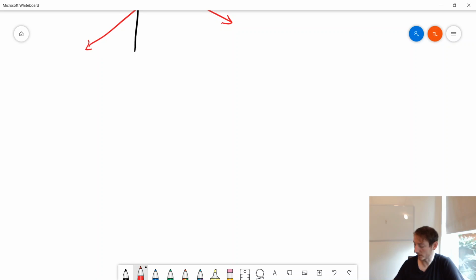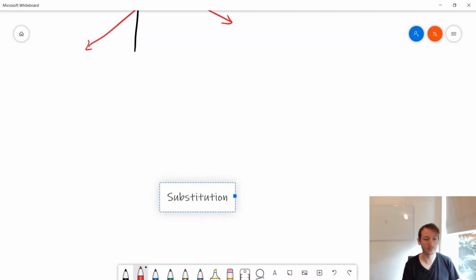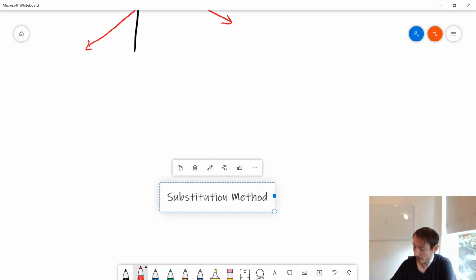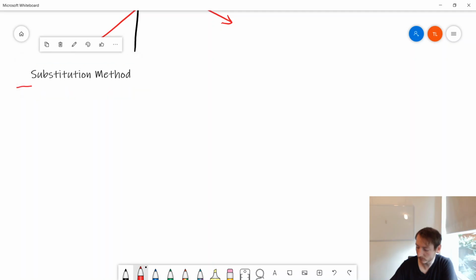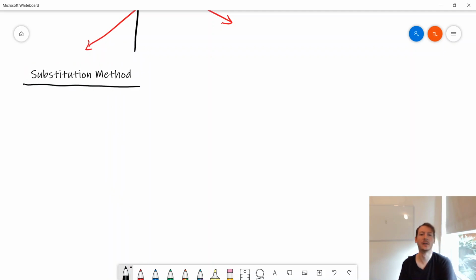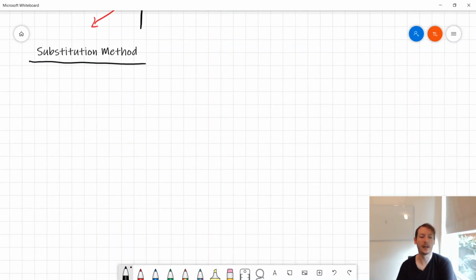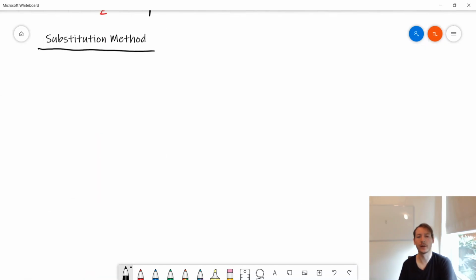So we'll make another heading real quick, or maybe make it a subheading, substitution method. Now this is actually the method I use for every single one, but I'd recommend, unless you're pretty comfortable with algebra, only using it if you have one of the variables by itself.